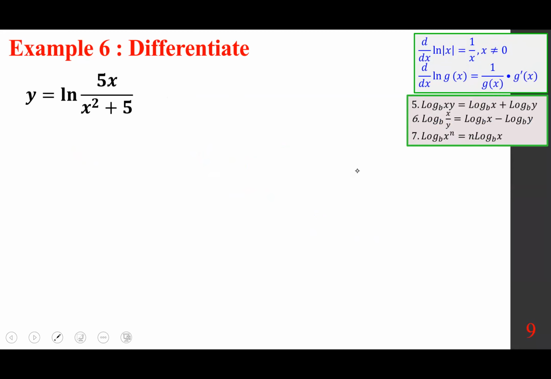We are going to continue with differentiating a natural log, and if we were to do it just the way it is, we have to flip this over and then use a quotient rule. We don't want to do that because there's an easier way, and that would be to use logarithmic properties to decompose this first. Anybody knows how we decompose this?